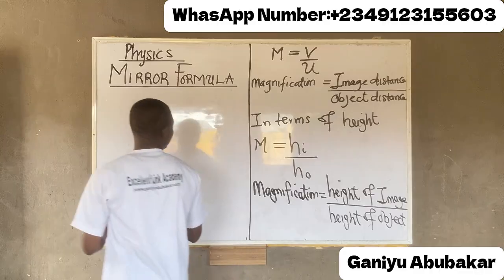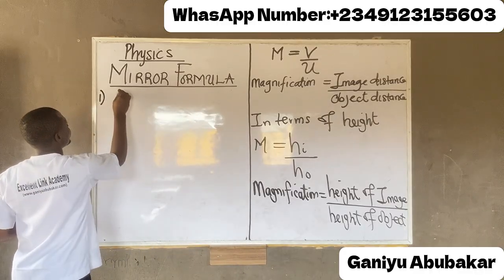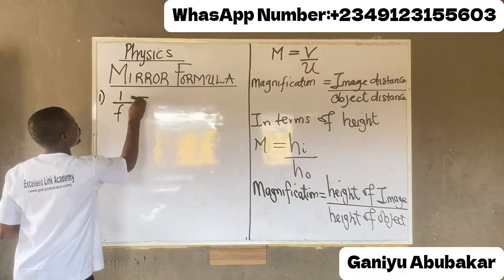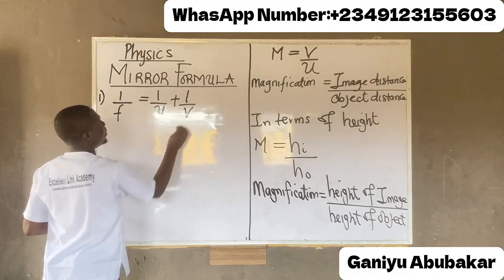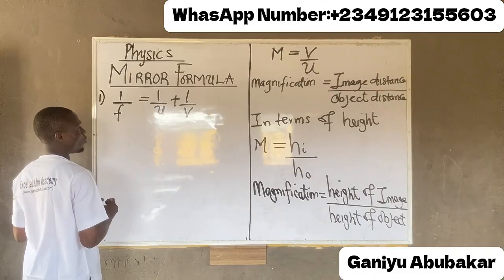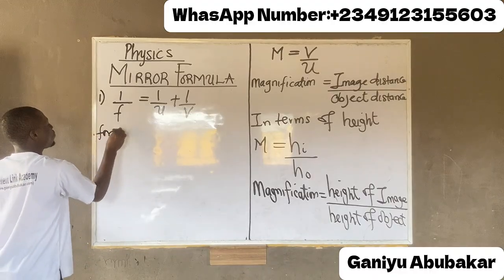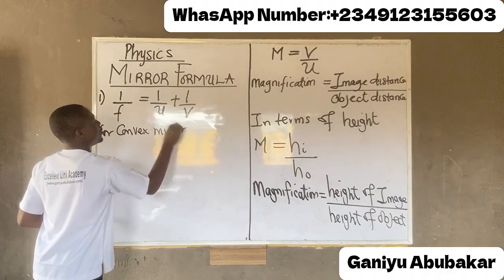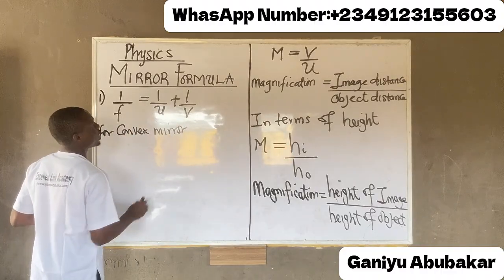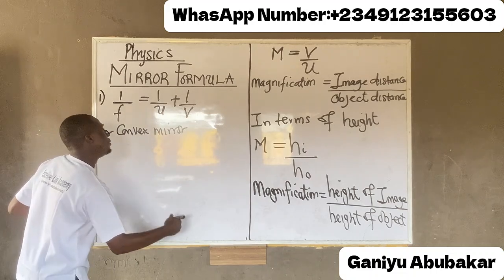What we know before now is that 1 over F is equal to 1 over U plus 1 over V. This is for a concave mirror. Now, for a convex mirror, your expression changes. We said V is taken as negative because a virtual image is formed.